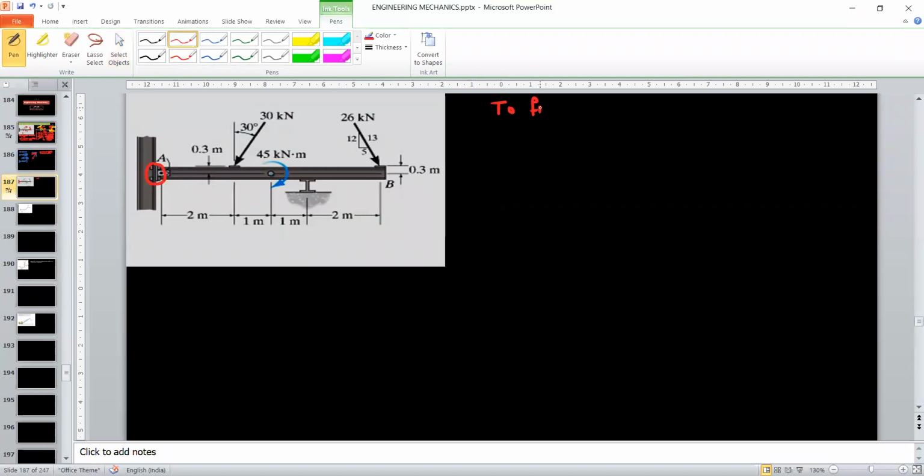To find the distance of the resultant with respect to point A, use the Varignon's theorem. For the Varignon's theorem, you will refer the original diagram and the new diagram, which is the resultant diagram. So I will draw the resultant on the given beam AB.